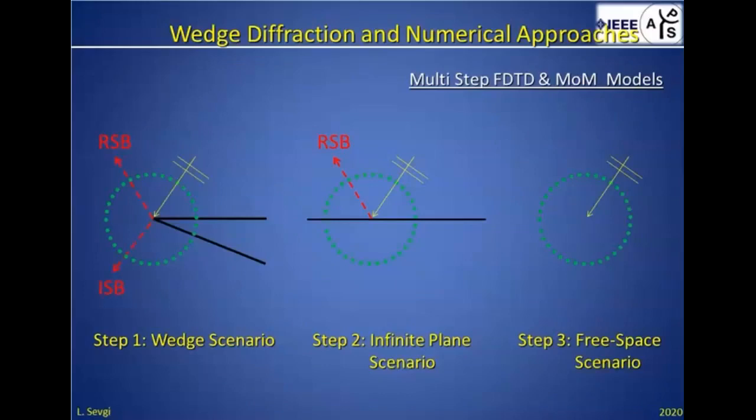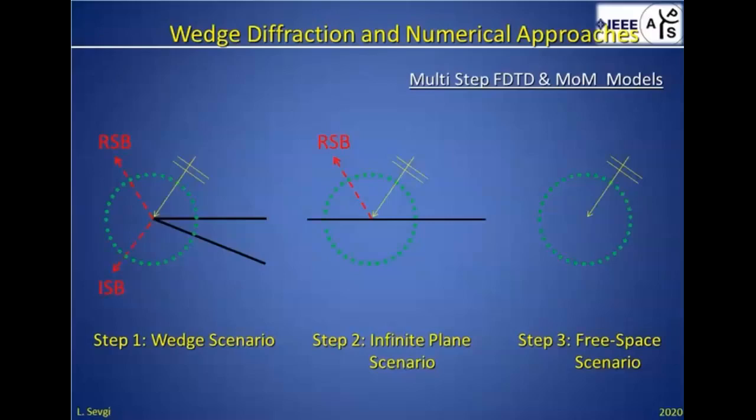So the first scenario, step one, has diffraction, but instead of a wedge, if you use an infinite plane, you have only incident field and reflected fields, no diffraction. And we repeat this in step three for free space. We remove the object and we just record the incident fields.